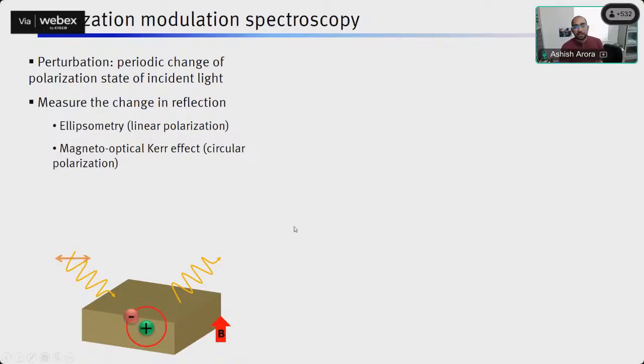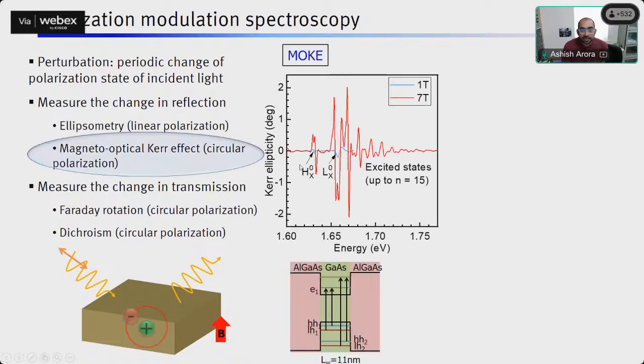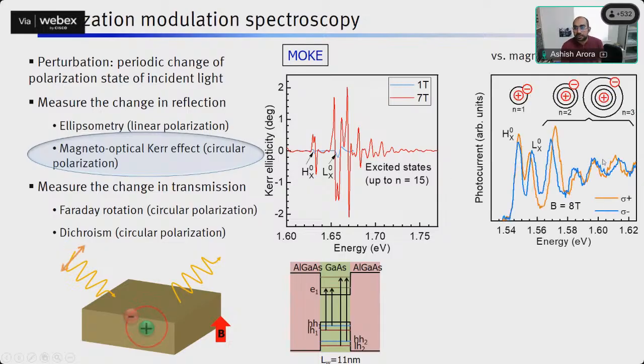There are methods which I will not go into the details of. If I am able to measure this direct difference, called Kerr ellipticity, then compared to this spectrum where only two excited states are visible, here I can see 15 excited states. Now this is in a 7 Tesla magnetic field, this was an 8 Tesla magnetic field.